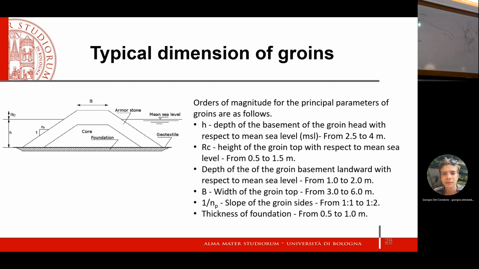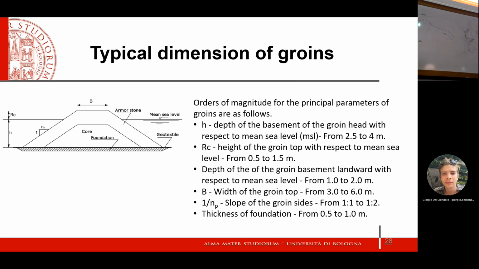When the structure becomes more complicated, typically you need to get the approval of the project from a responsible authority, which may be, for instance, a port authority. So, depending on the size of the structure, the policies and rules for design may suggest that you get the approval from a responsible authority.